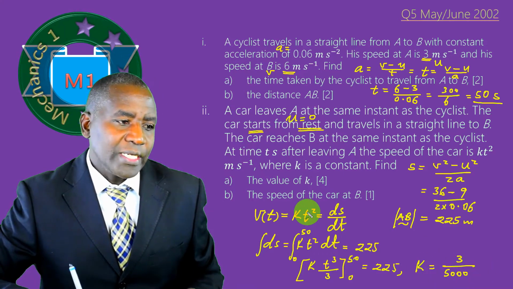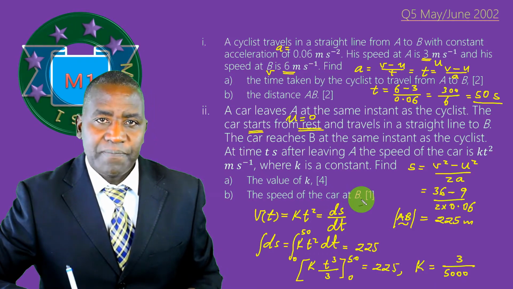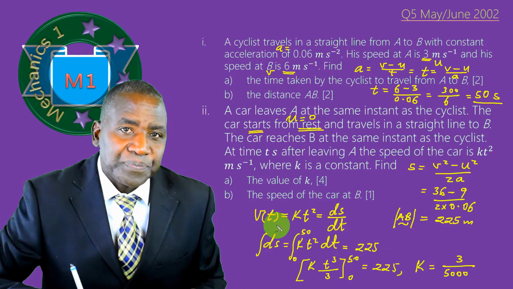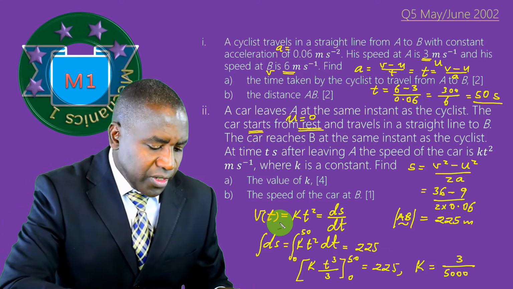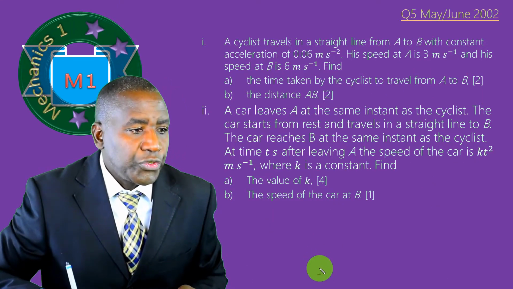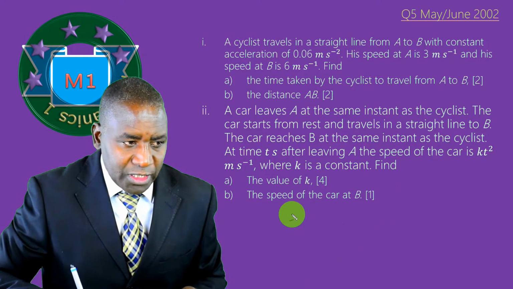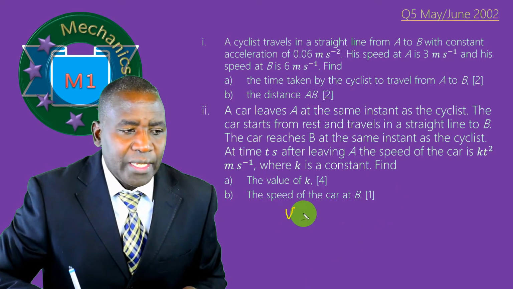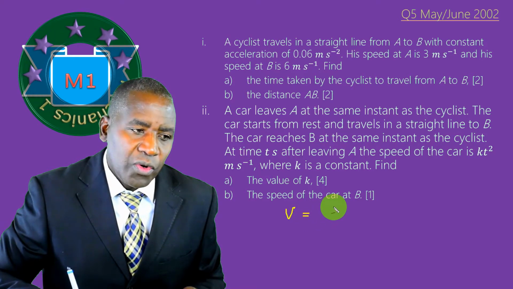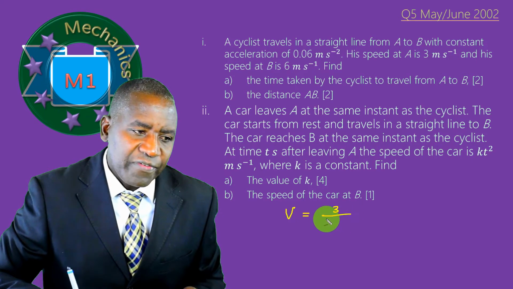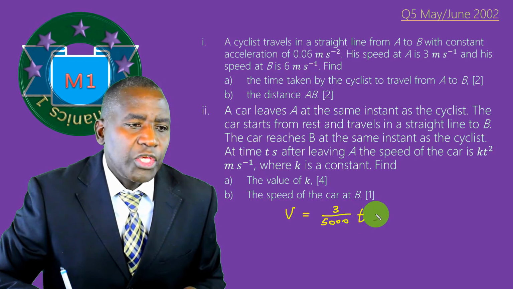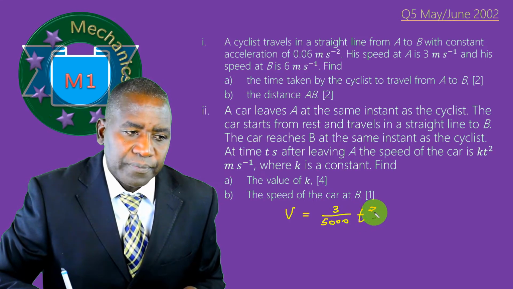And then from there, I'm required to calculate the speed of the car at point B. The equation for calculating the speed is given here. So let me, first of all, clear some space so that I can be able to show you how I get that velocity. I've just been able to show that the velocity as a function of time is given by the value of k, which is 3 over 5,000, t squared.